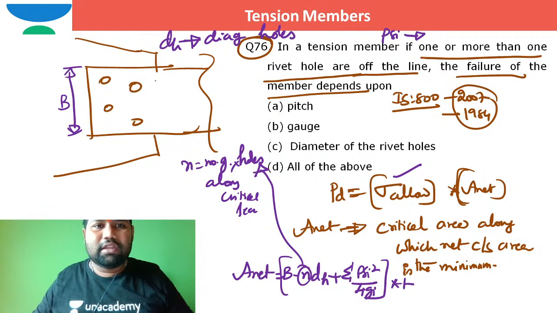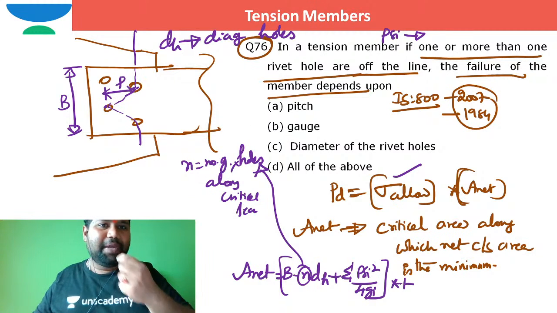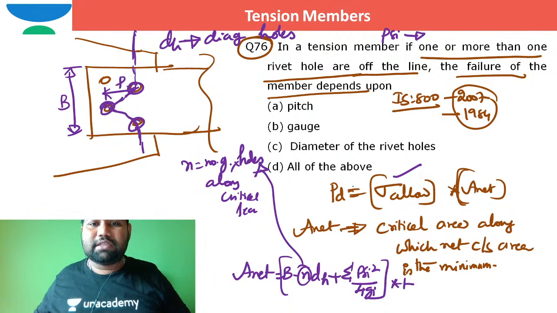If the failure is happening along this section in this way, it depends on the pitch between these two bolts. So psi stands for the pitch between the two bolts along the chosen line of failure, right? psi depends on pitch.